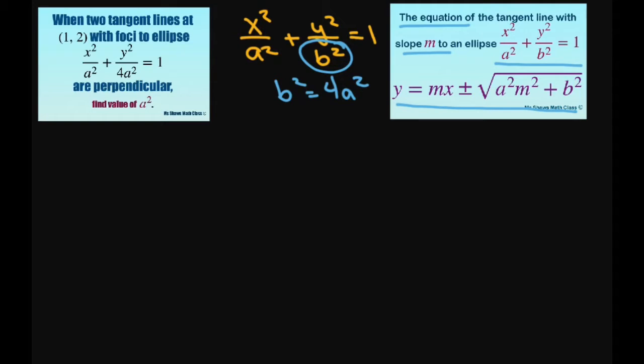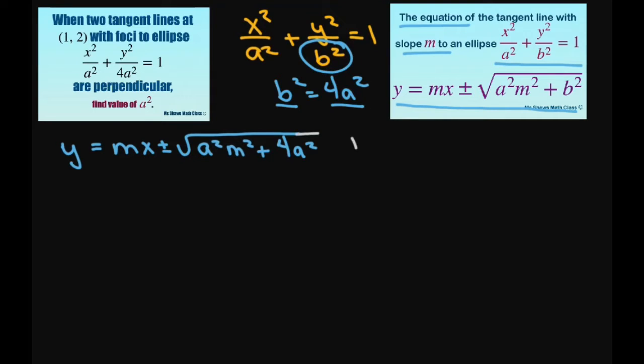So first of all, we're going to have y equals mx plus or minus the square root of a squared m squared plus b squared, and again our b squared is 4a squared. We're going to call this equation 1.